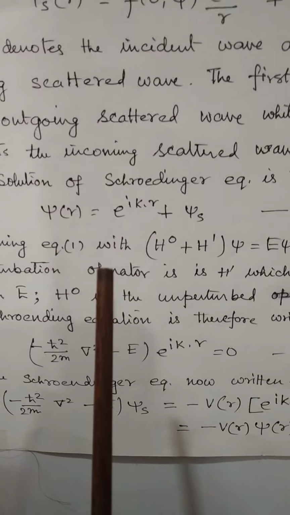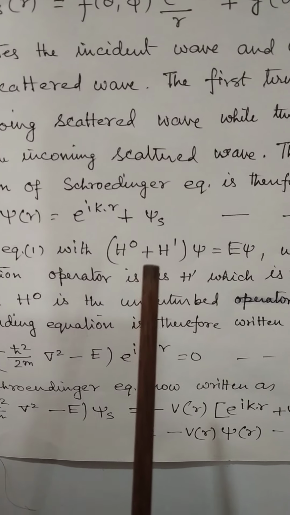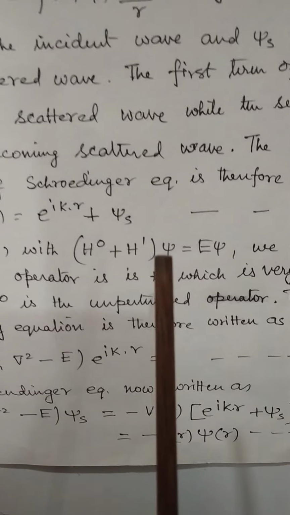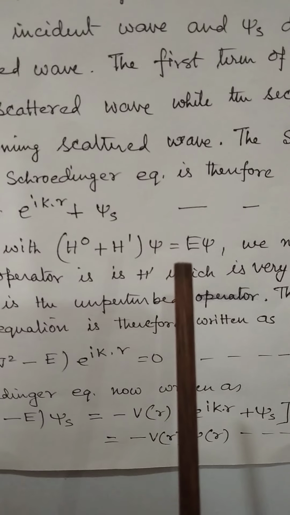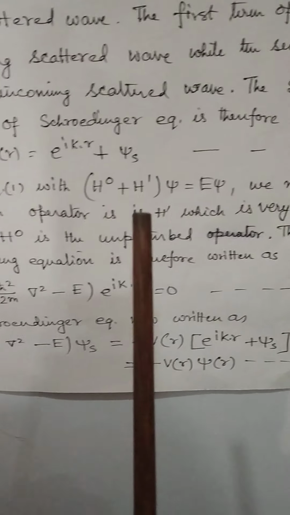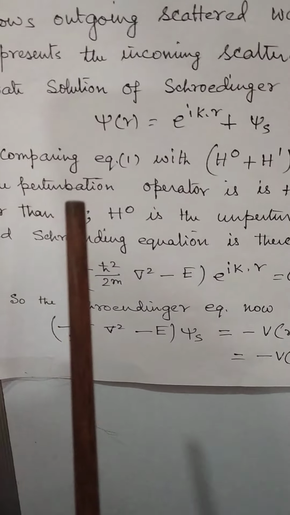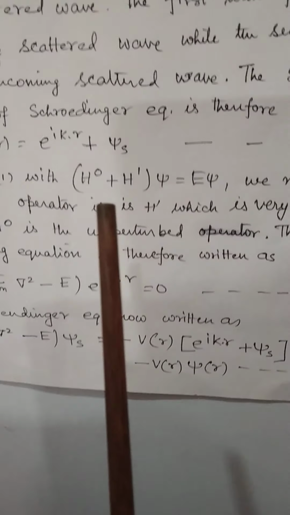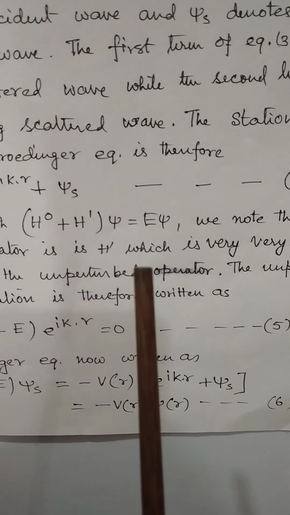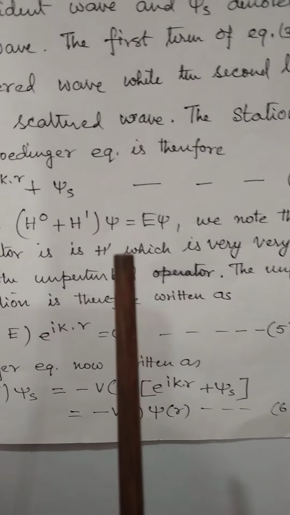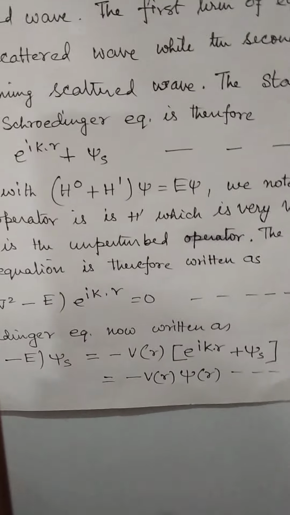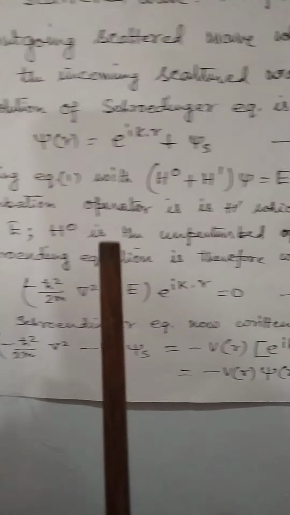Now comparing equation 1 with this equation, that is (H0 + H')ψ = Eψ, we note that the perturbation operator is H', and H0 is the unperturbed Hamiltonian.